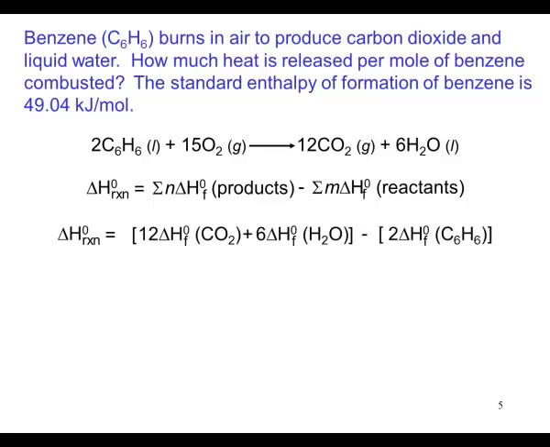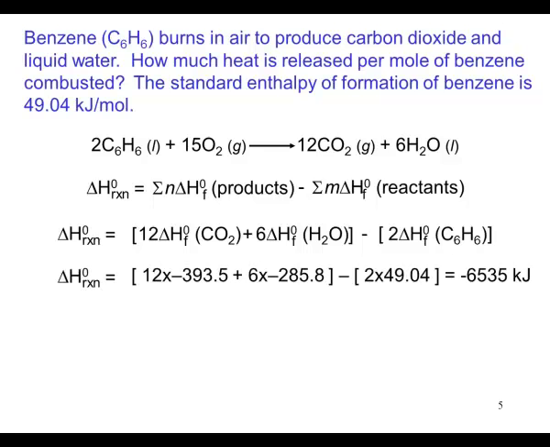We can substitute into the heat of reaction equation 12 moles times the heat of formation of CO2 plus 6 moles times the heat of formation of water minus 2 times the heat of formation of benzene. Notice there's no term for oxygen since the heat of formation of oxygen is 0.